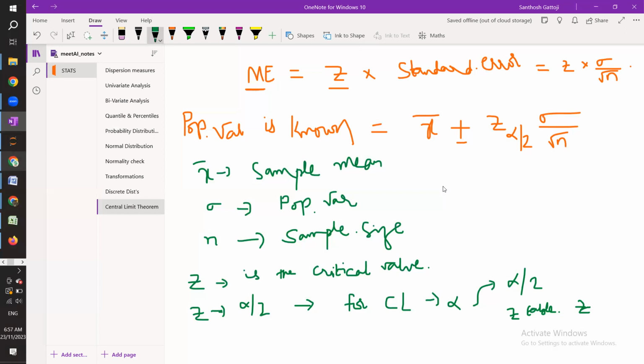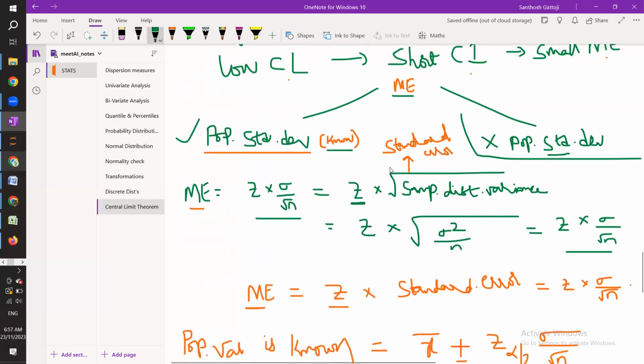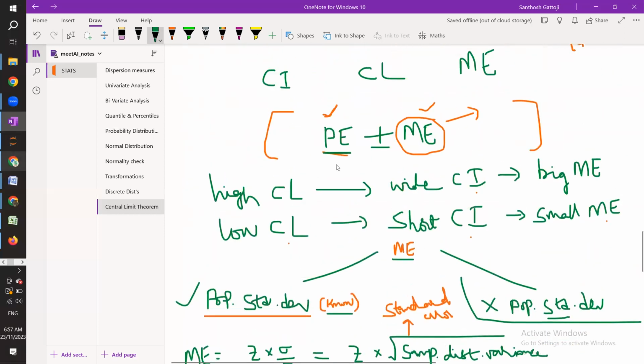Because it gives the point estimate of the true population. Point estimate? No, we already have the point estimate, right? Why do we want it from the confidence interval? From that point estimate only, we will get the confidence interval. Then why would the confidence interval again give the point estimate?